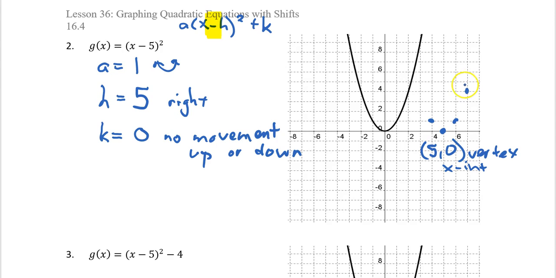And put in a fifth point by creating symmetry, going left 2 and up 4. That should be enough points to draw a good parabola. If not, then you can go back to your vertex. You can go right 3 and up 9, or left 3 and up 9.